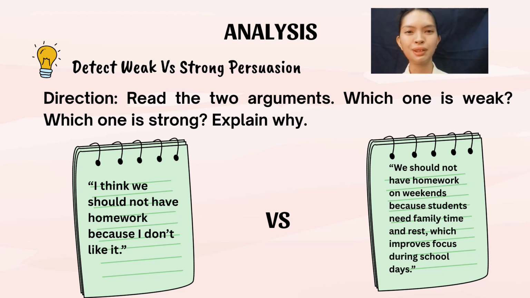So let's go to level 3, which is analysis. Here in analysis, we have to break down information, and they have to examine quality, effectiveness, and structure. So in my activity, they have to compare a weak and a strong argument.